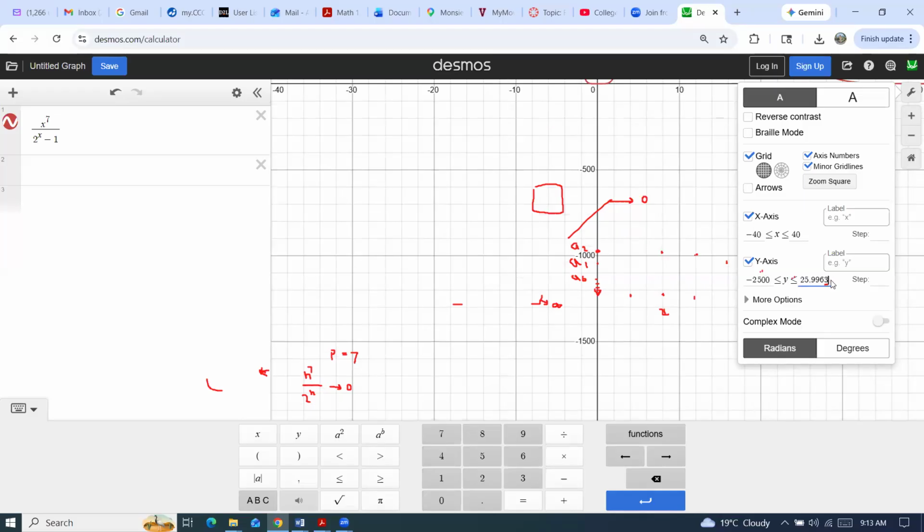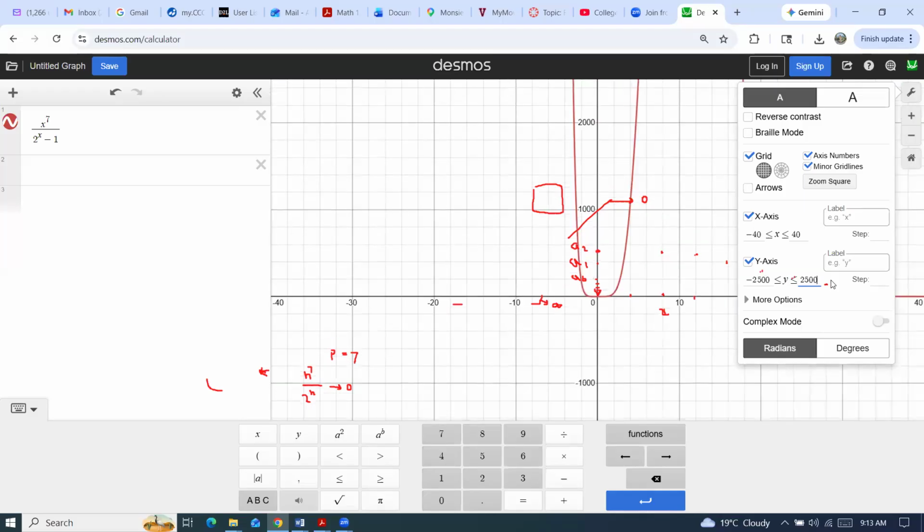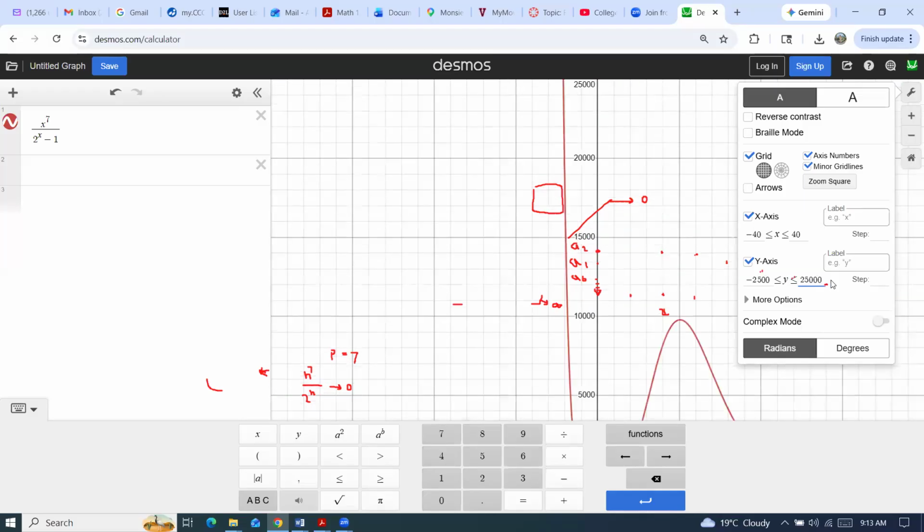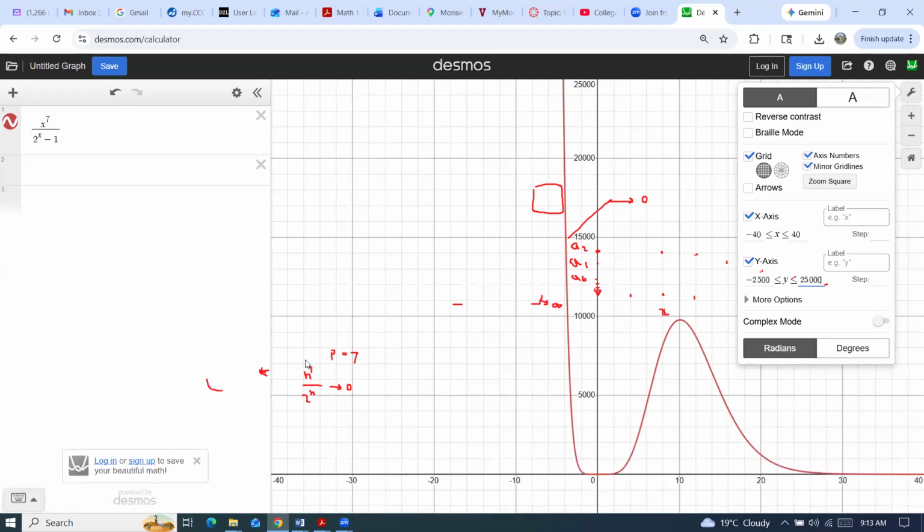I need bigger. And it's going to be negative 25. Huh. Oh, look at that. Look at what I need. So I need to go from, take this away. You see, it's up to 10,000 already, where they have that local maximum and then it goes down.